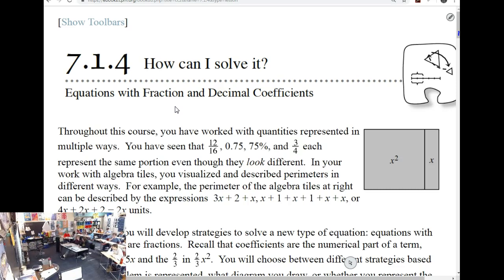And you guys have already done fractions, decimals, and percents before, right? So what is 3/4 plus, let's just make it easy, what's 3/4 plus 2/4? 5/4, right? So what we are now doing is 3/4 x plus 1/4 or 2/4 x.